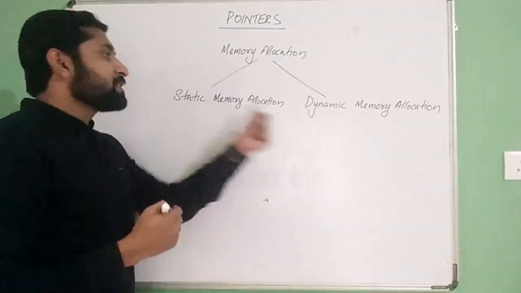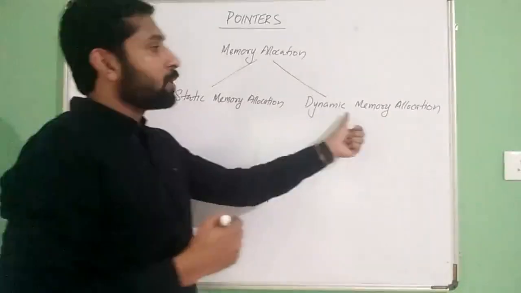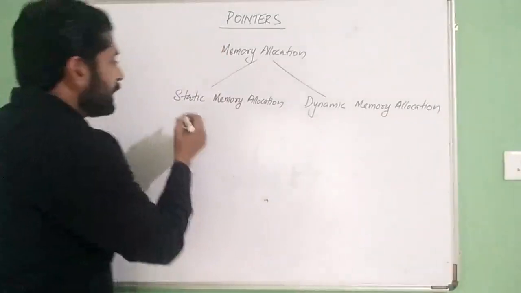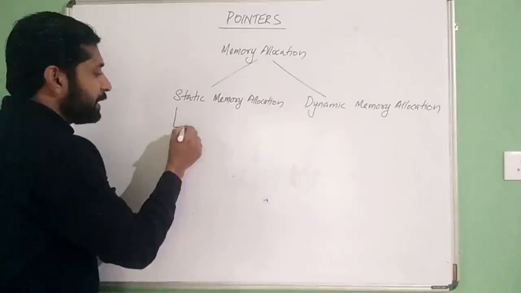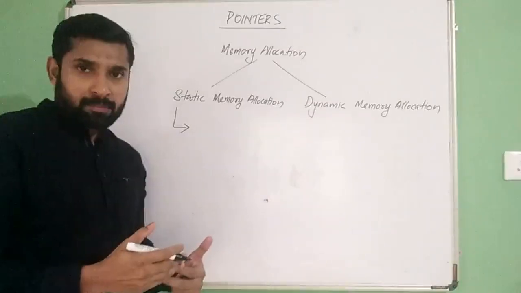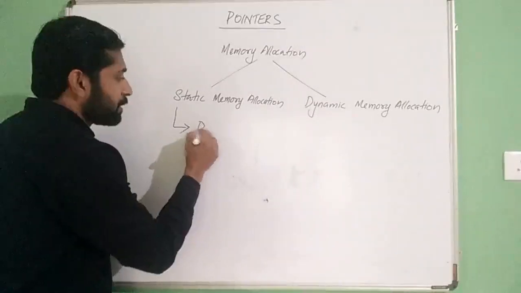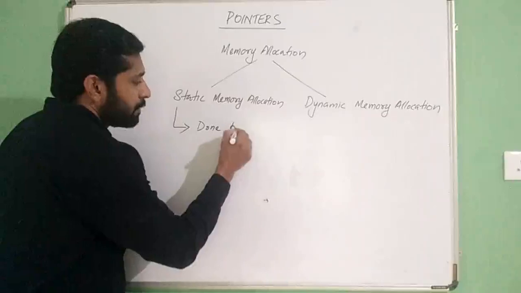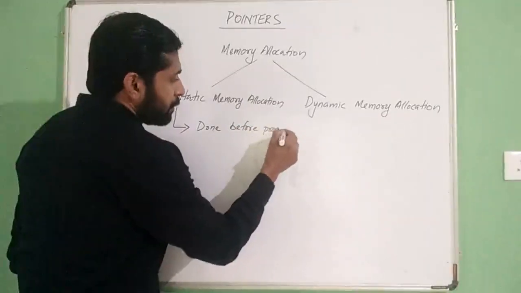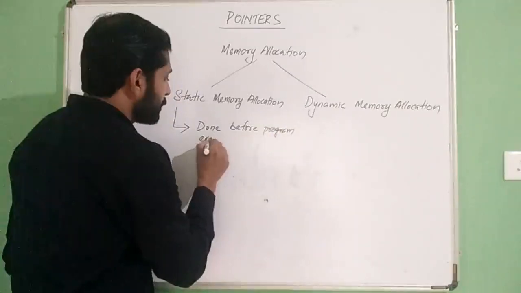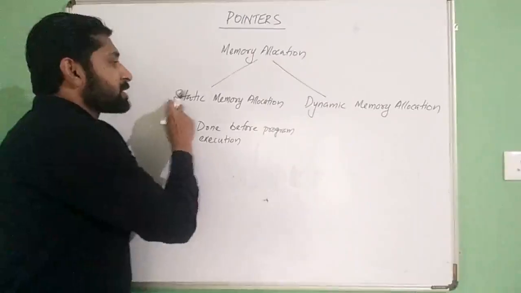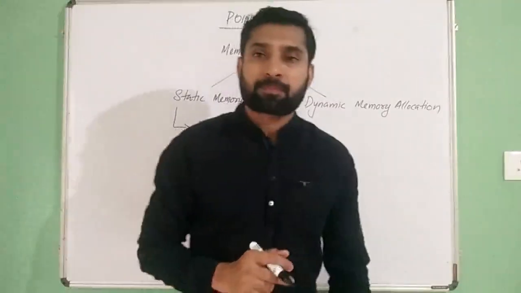One is called static memory allocation and the second one is called dynamic memory allocation. If the memory allocation is done before program execution, it is called static memory allocation.